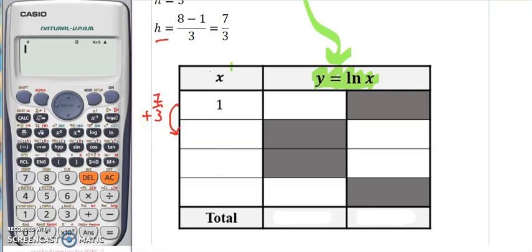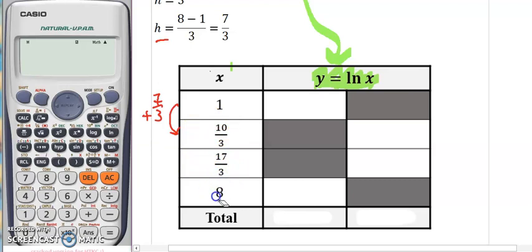As a result, the next is 10 over 3. Then the next one, add another 7 over 3, and add another 7 over 3. By right, the final value of x refers back to the upper bound.